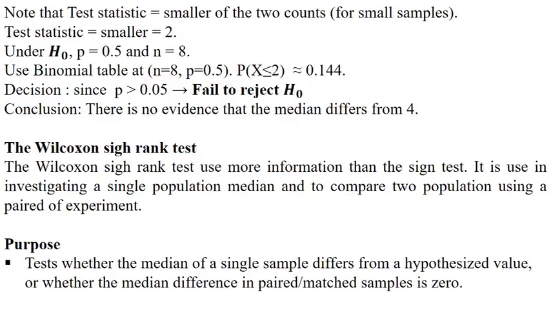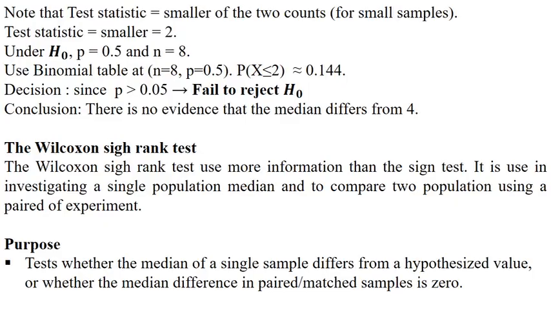Then under H0, our probability is 0.5 and our n is 8. Then we use a binomial table at n equals 8 and p equals 0.5. When we check our table, the probability of x less than or equal to 2 gives us 0.144.